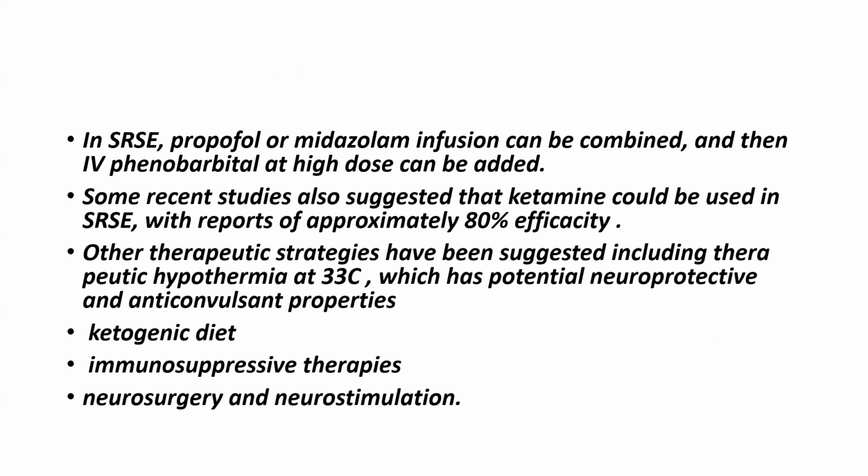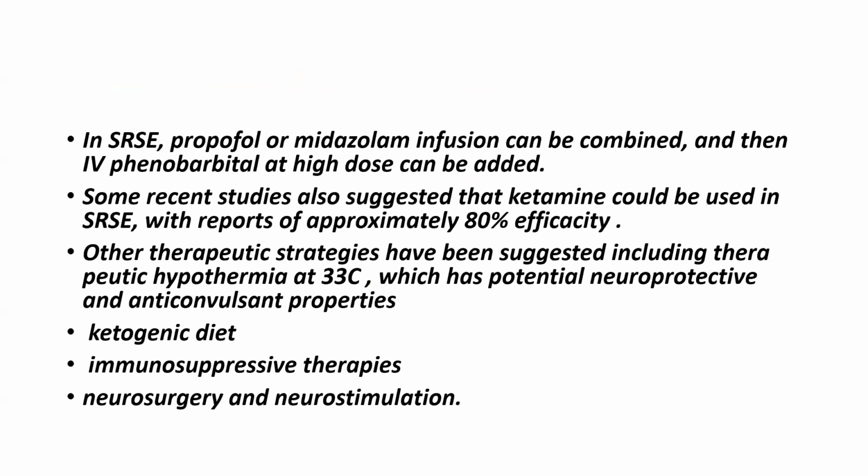In superrefractory status epilepticus, propofol and midazolam infusion can be combined, and then IV phenobarbital at high doses can be added. Some recent studies also suggest that ketamine can be used in this situation, with 80% efficacy.